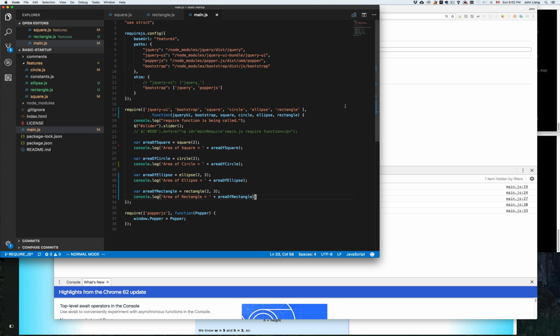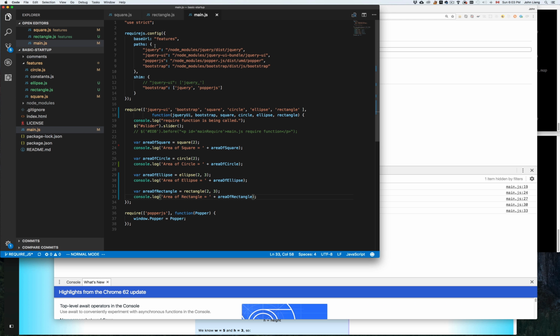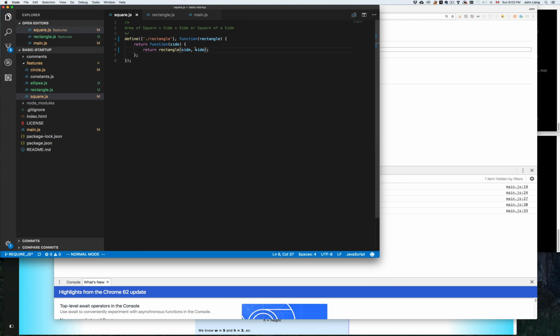So let's take a look at the square answer. And the square answer is 4, which is correct. So that's how we refactor the square module by reusing rectangle.